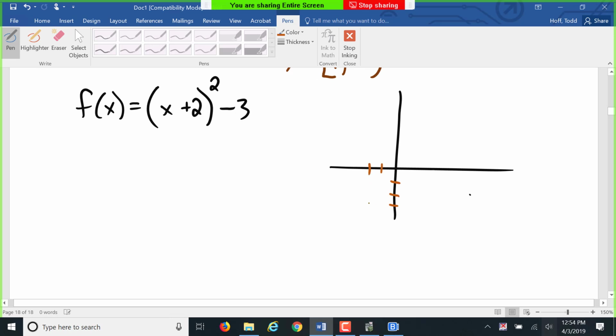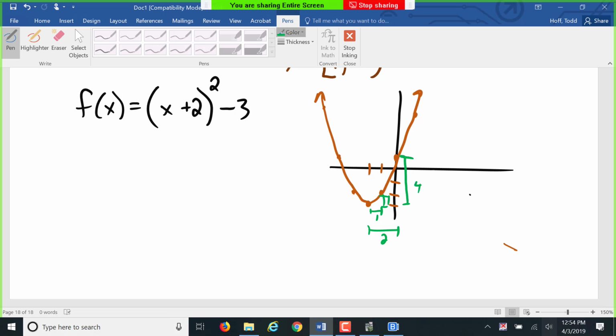Negative 2, negative 3. Very good. And of course, over 1 up 1, over 2 up 4, over 3 up 9. Same on the other side. Any questions on why I was getting that up 1, up 4, up 9? Because it's x squared, it goes up. 1 over is 1 up. 2 over is 4 up. And 3 over is 9 up, and so on, because of the squared.